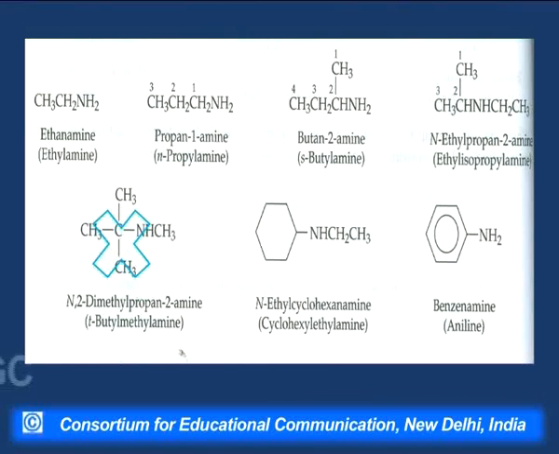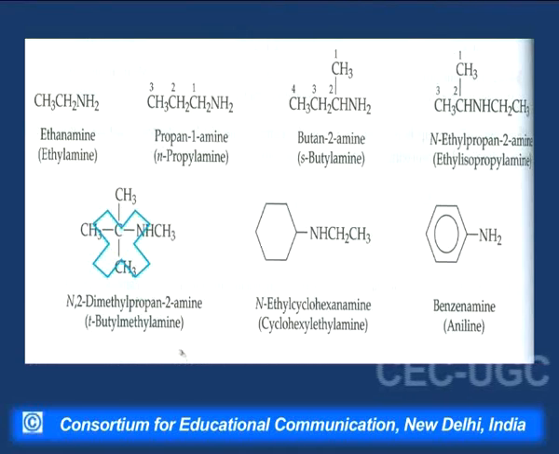In my example number 6, you have a cyclohexyl group and the functional group is NH. That is a secondary amine. So here the functional group has changed, so primary, secondary and tertiary amines are functional isomers. The naming is quite simple: ethanamine, propanamine, butanamine and so on.